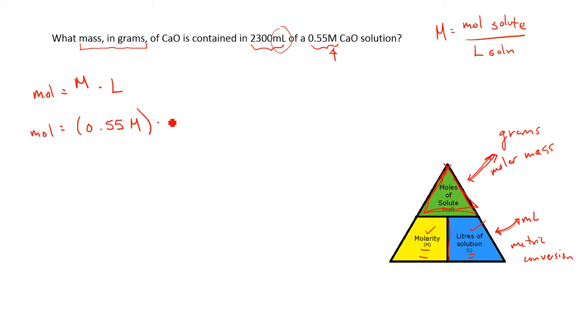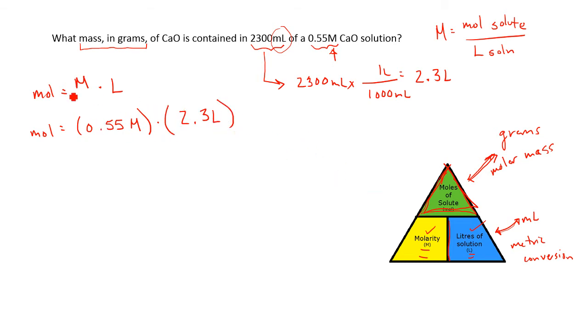Then I want to multiply by my volume in liters, but I don't know that yet, so I've got to do a conversion here. I'm going to say 2,300 milliliters, divided by 1 liter per 1,000 milliliters, equals 2.3 liters. Now I'm ready to go.